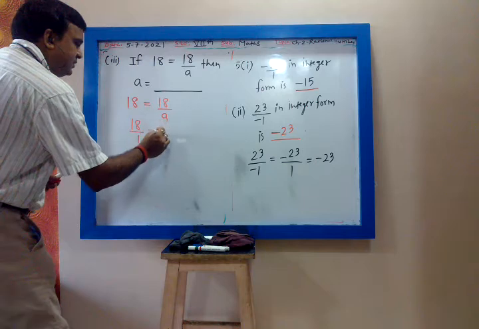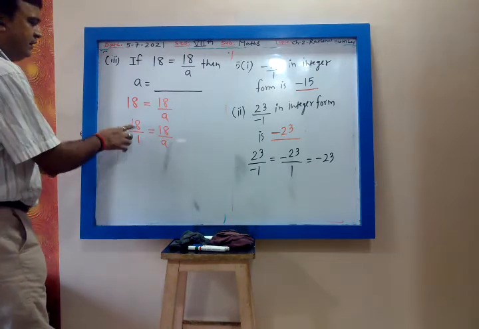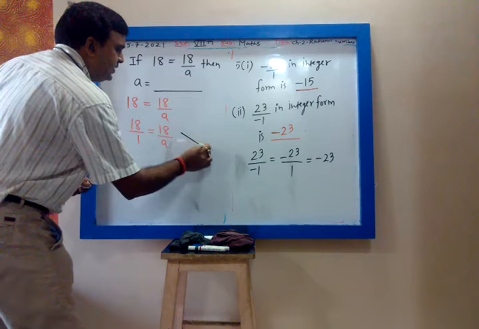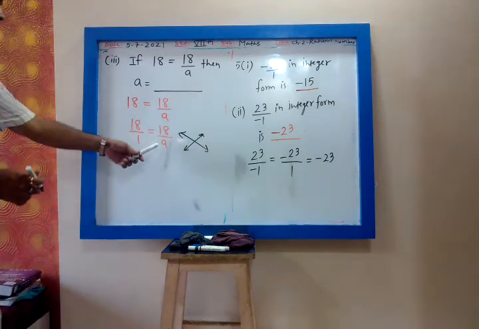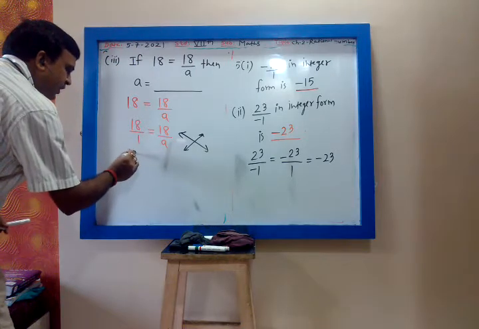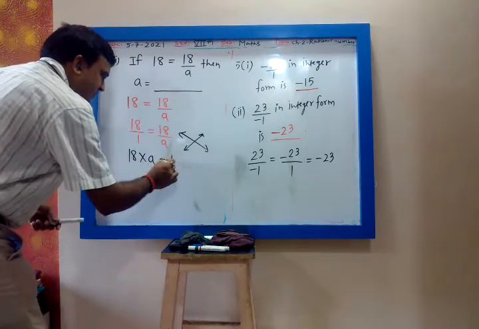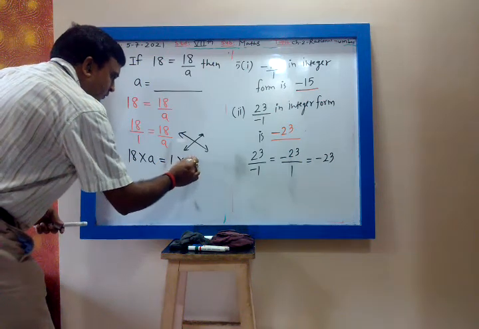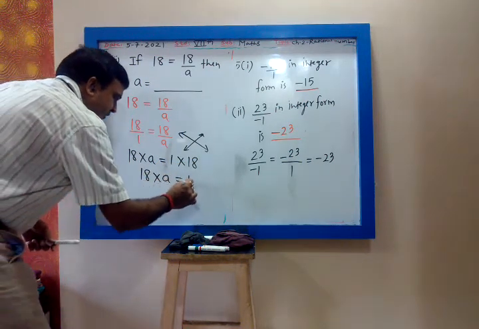So 18 upon 1 is equal to 18 upon a. Whenever you have this type of equation, you have to cross multiply. So you will get 18 into a is equal to 1 into 18. So 18 into a is equal to 18.